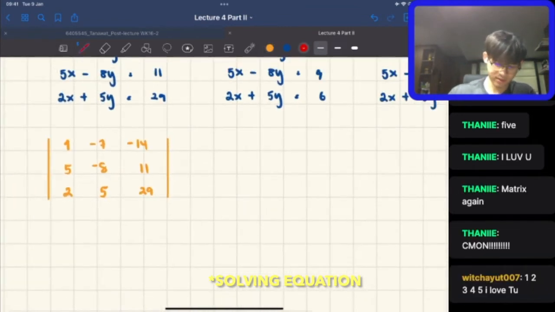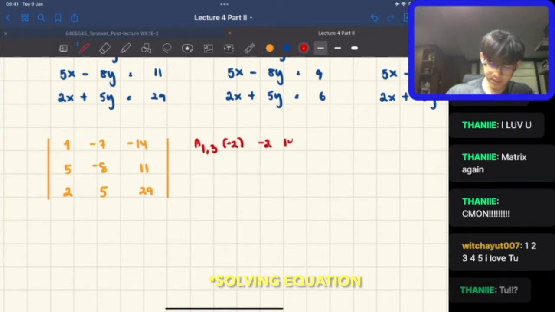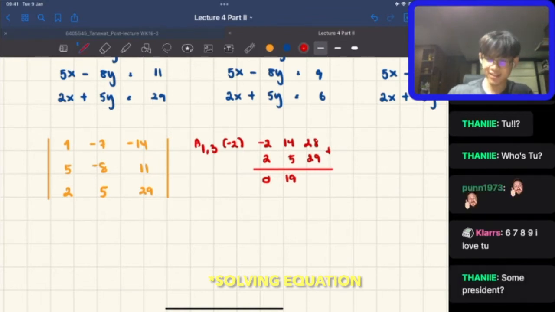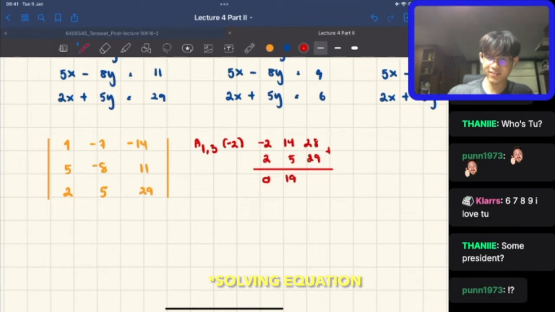So let's add row 1 to row 3 times -2. So we got -2, 14, 28, 2, 5, 29. So now we got 0, 19, and what's the answer? The last one? 57.